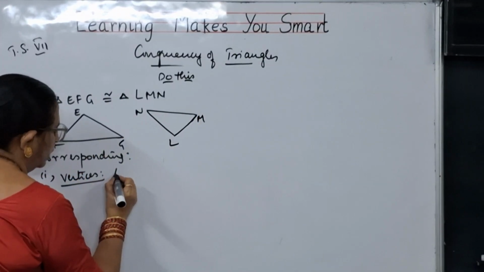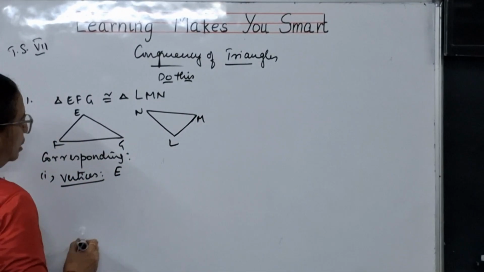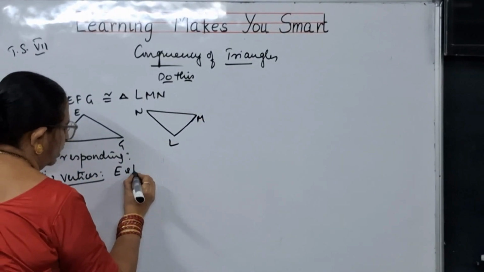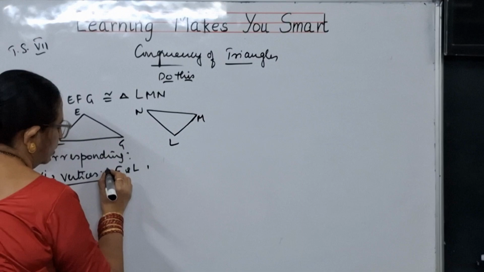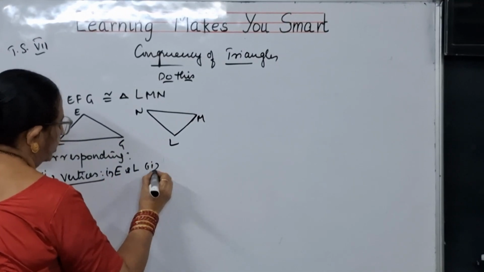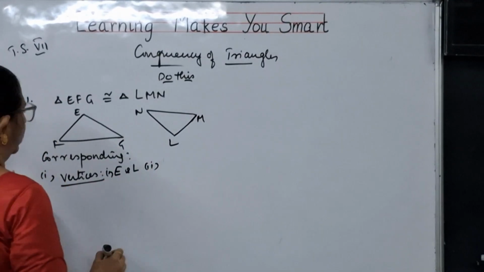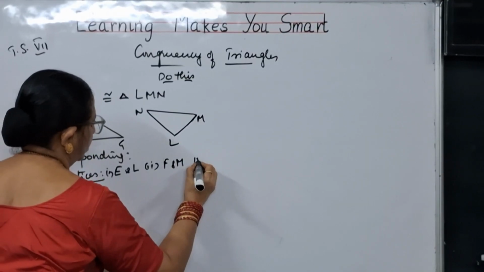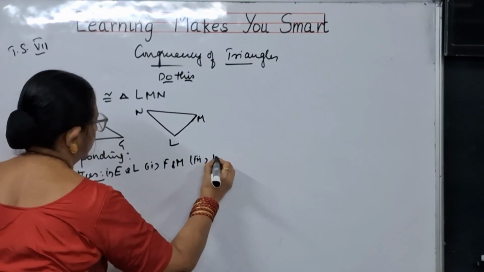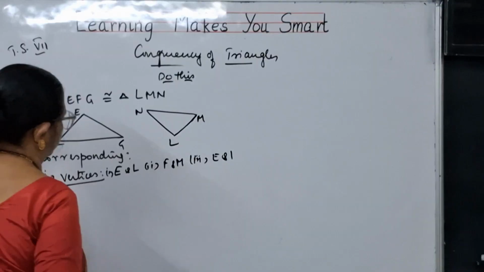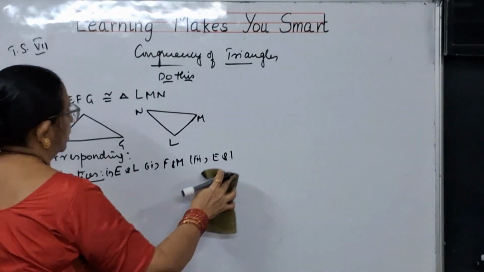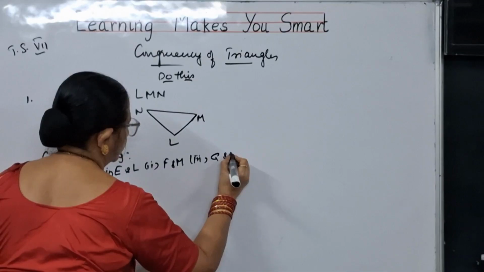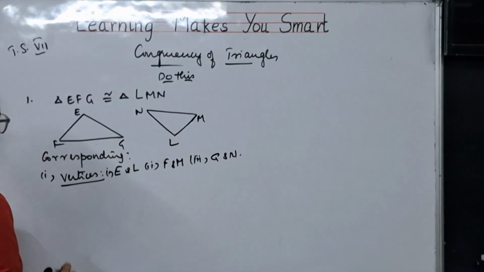So for E, what is the corresponding vertex? E and L is one set, and second one F and M, and third one G and N. These are the vertices.